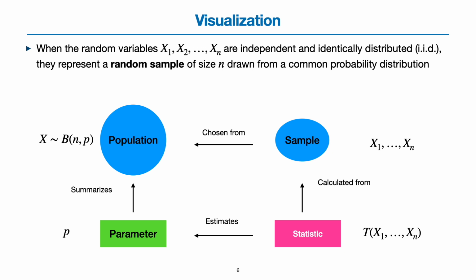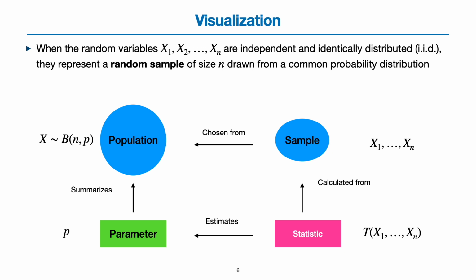In order to solve this problem, we need a sample, and that's this x1 to xn that you see on the top right corner. And then we calculate a function from this sample, which we call a statistic, and that's this function t. Now this statistic's goal is to estimate the unknown parameter p, right?